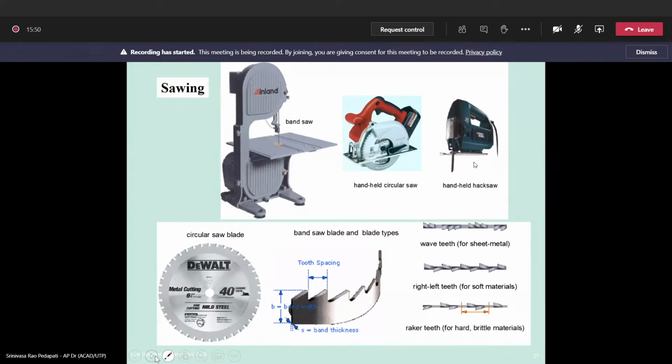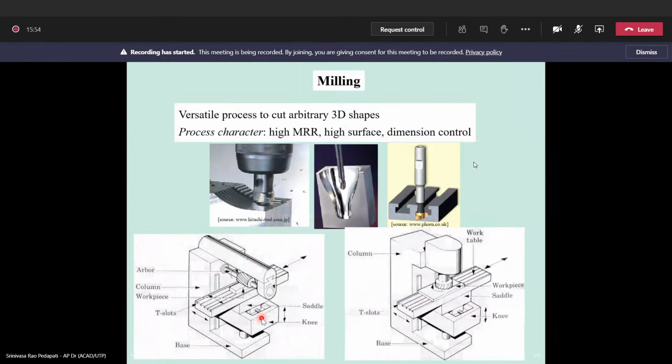So the next important machine is the milling machine, which is a very versatile machine because it is used to manufacture many kinds of shapes. It is a versatile process to cut arbitrary 3D shapes.